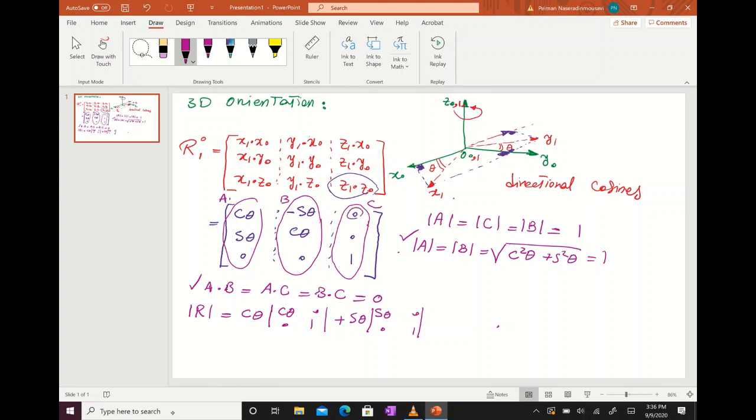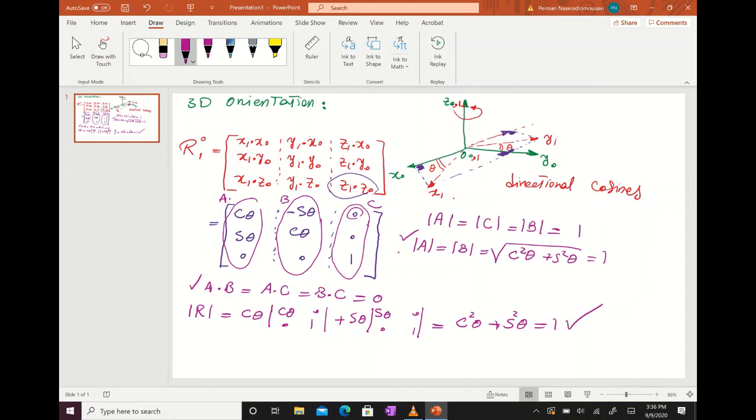So obviously this is cosine square theta plus sine square theta, which is 1. So bingo, as we said in the orthogonal property.